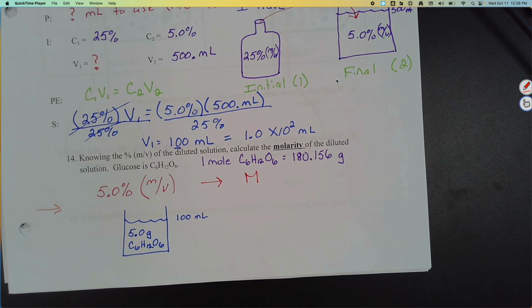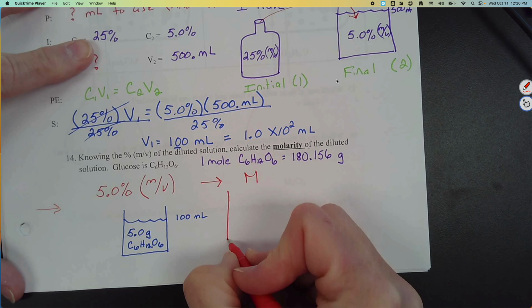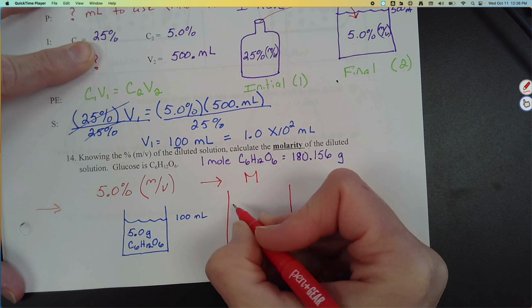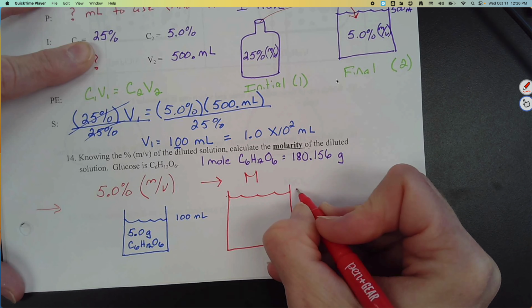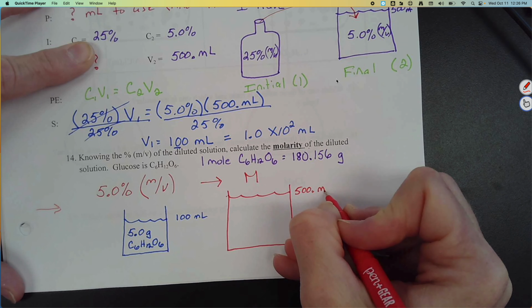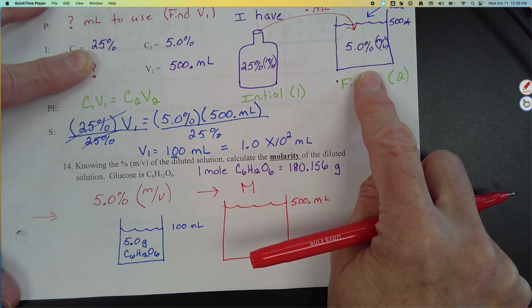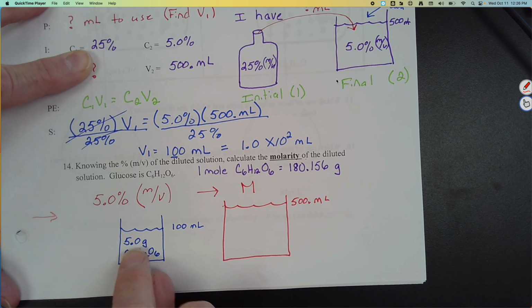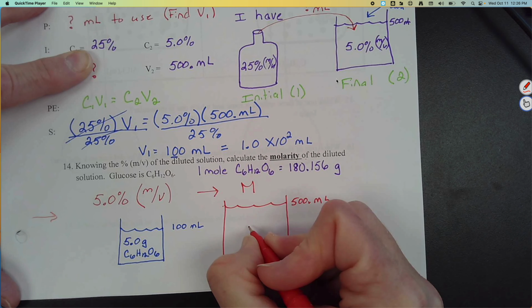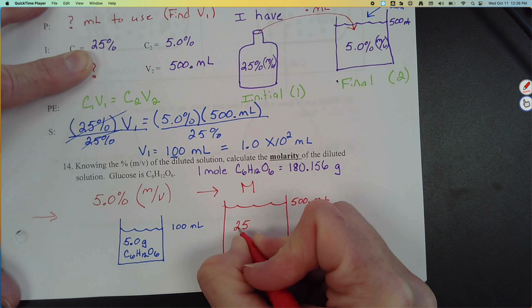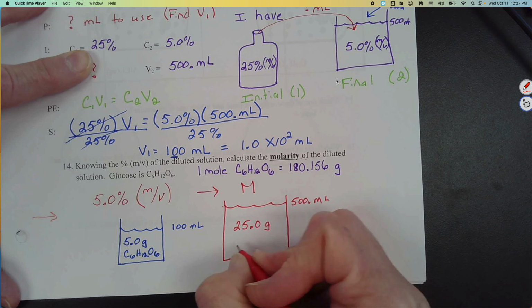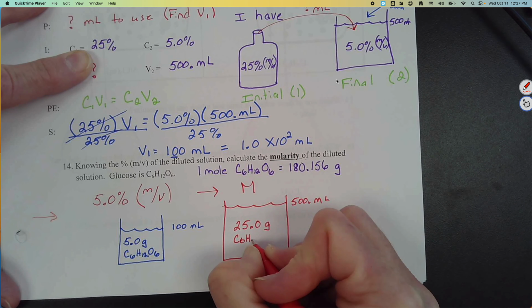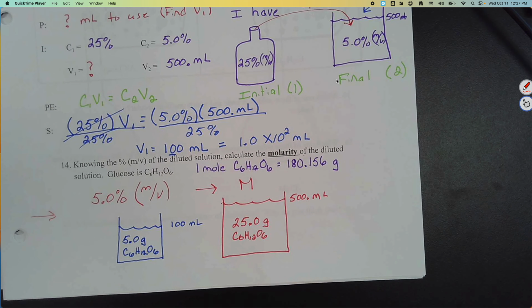But you could have just as easily thought about using a lot more of this. If you had rathered, you could have thought about all 500 milliliters that you just made. And so think about this up here that was 500 milliliters. If I've got 5 grams in every 100 milliliters, that means if you got 500 milliliters of this, you'd have this scenario. I've got 500 milliliters and 25 grams of glucose in there.